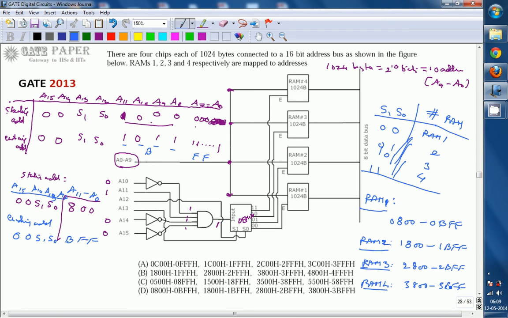So this 3 you are getting from the higher nibble A15 to A12, by substituting S1 S0 values. So the right answer for this question is nothing but D, 0800 to 0BFF, first, second, third, fourth RAMs. Okay, thank you.